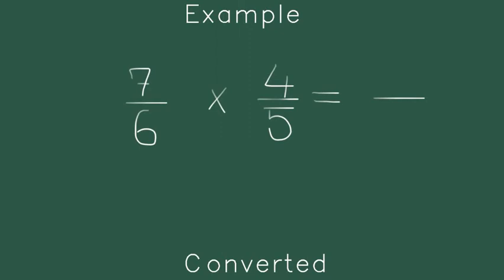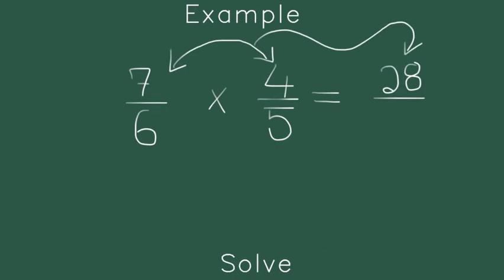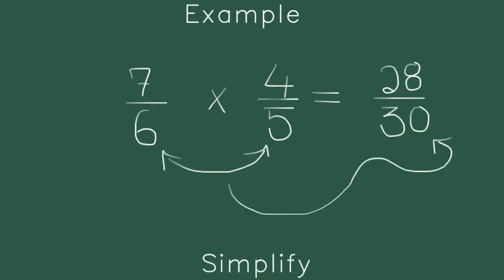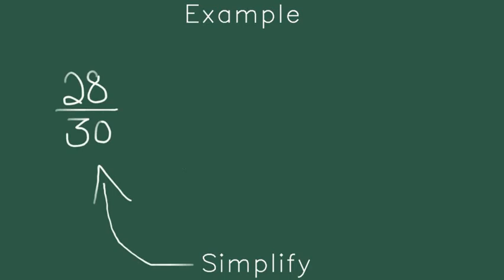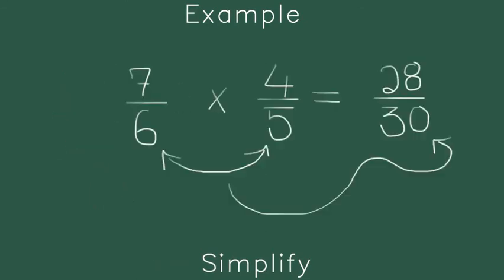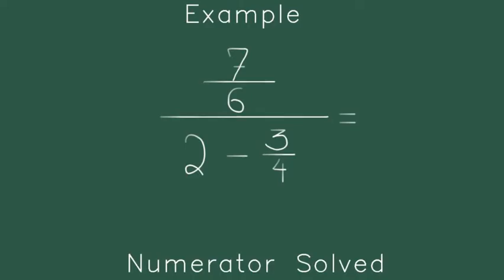Now 7 times 4 is going to be equal to 28, and 6 times 5 is going to be equal to 30. And you have 28 by 30, and the optional thing, which I think you should do, is simplify it. 28 by 30, okay? We have to wait.